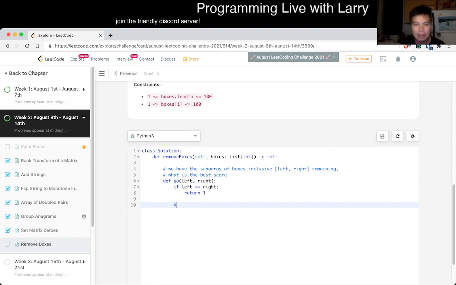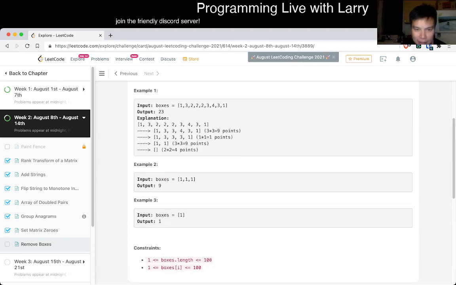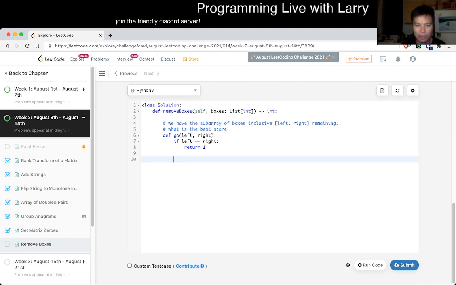But now let's say we have, let me just copy this over for visualization, our left is here and our right is here, right? As we said, we do want to think about this backwards, being like, now we only have this array. What is the last thing that we're doing?